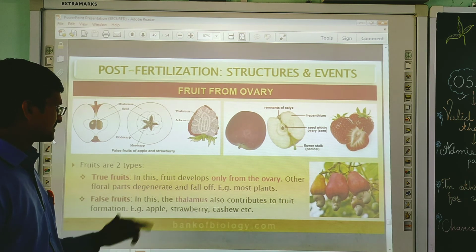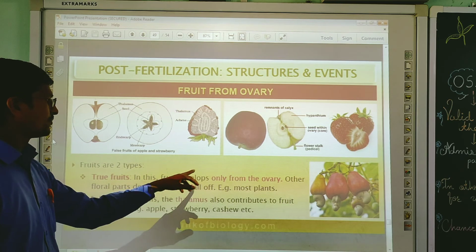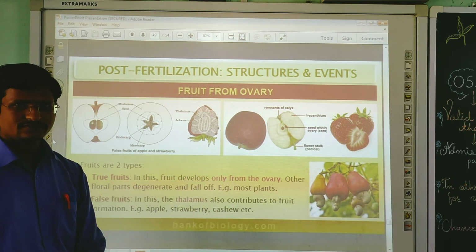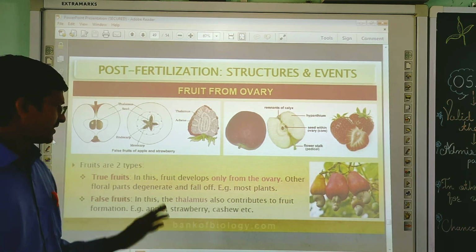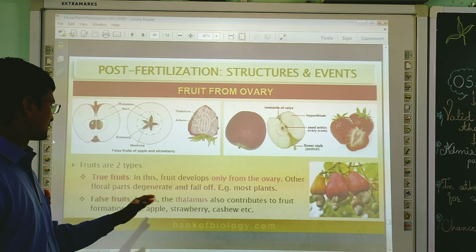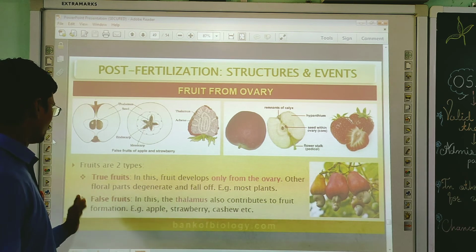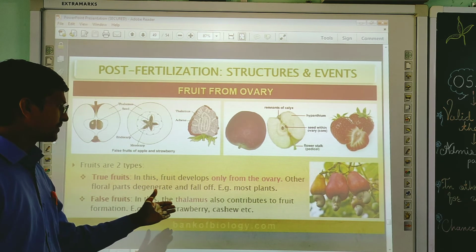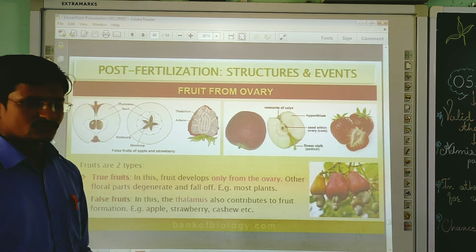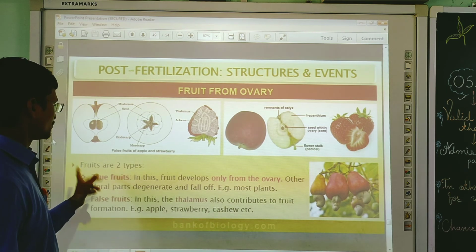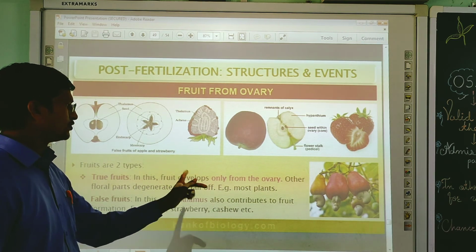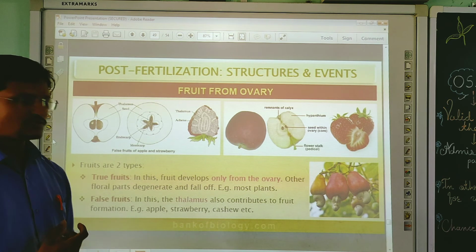True fruits means the fruit develops only from the ovary. In false fruits, the thalamus also contributes to fruit formation. For example, apple, strawberry and cashew are false fruits. Most plants have true fruits.